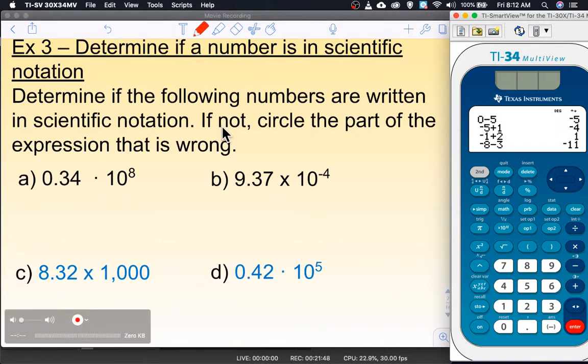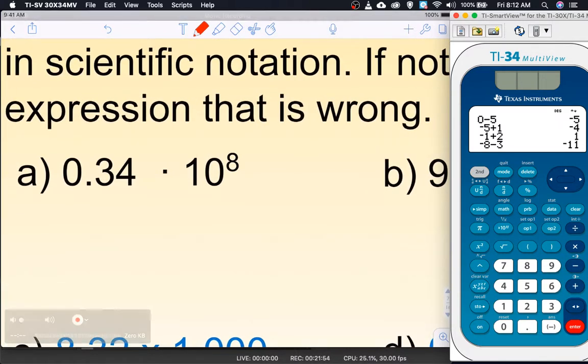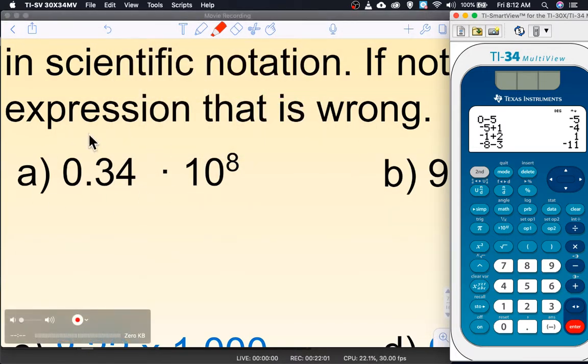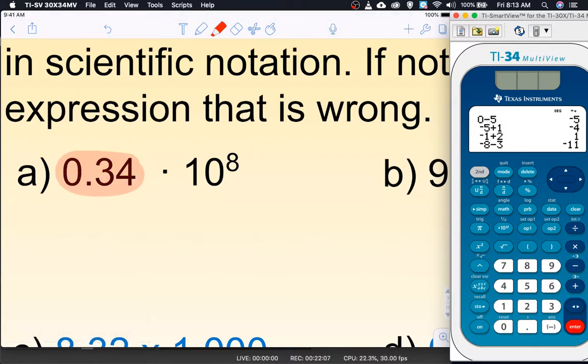And if it's not, circle the part of the expression that's wrong. So, for example, in this first one, I'm going to use my highlighter, actually. So in this first expression, this would be scientific notation if this was a number between 1 and 10. If this was a 1-digit number, 0.34 is not allowed.